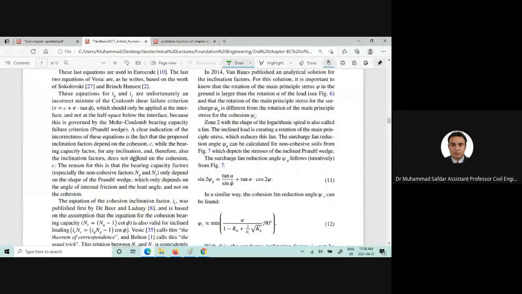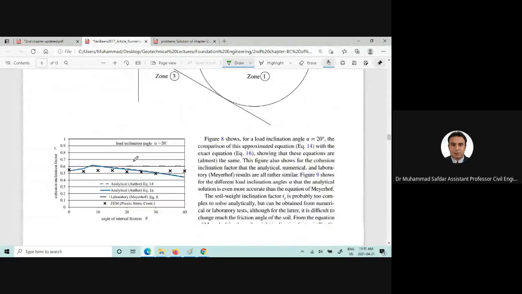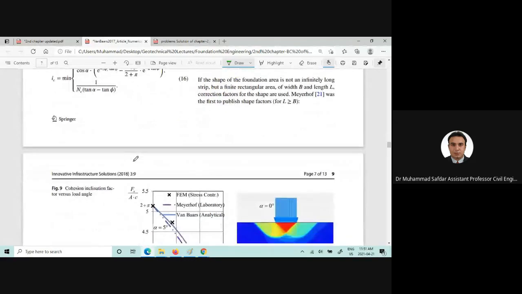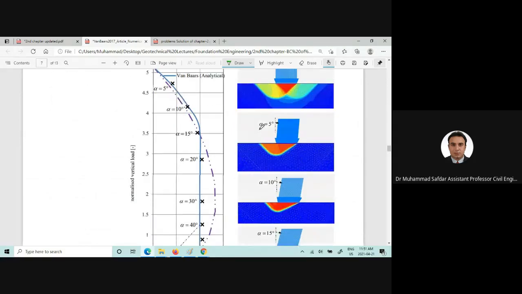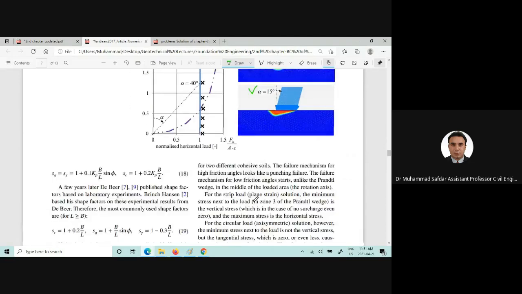Now, with different inclinations, in comparison of the shape factors, here you can clearly see the inclination angles, how the researcher changed the inclination of the load which is applied on top of the foundation.